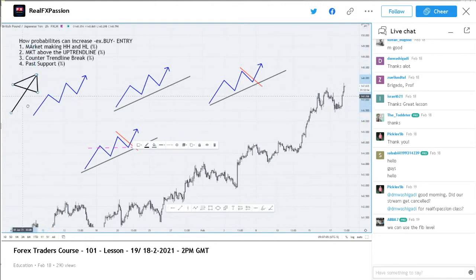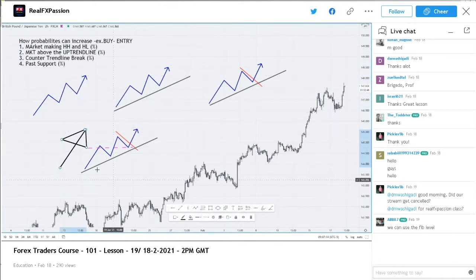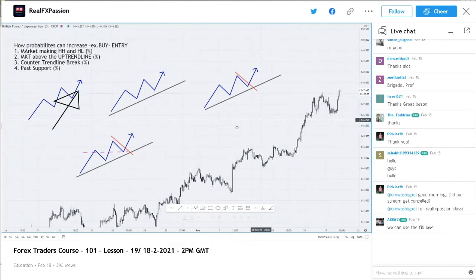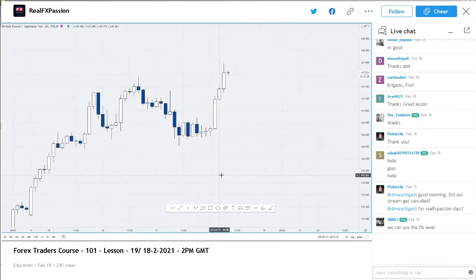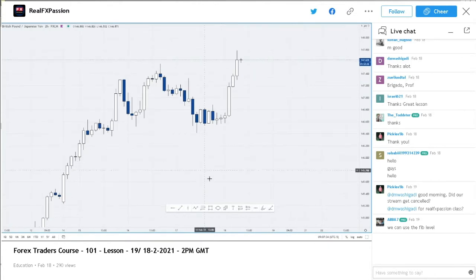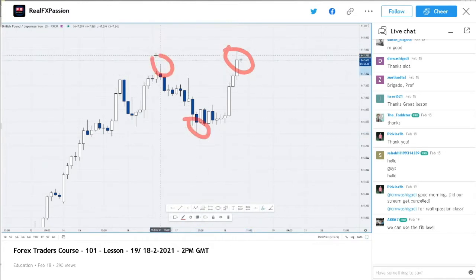As a beginner trader, I must understand that those different setups represent different probabilities. If I'm going to buy just an uptrend, the market making higher highs and higher lows, and I just open my charting software and platform and I'm seeing this: a higher high, a higher low, and another high.